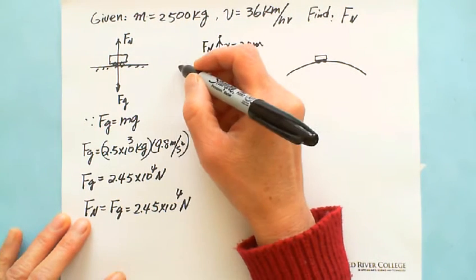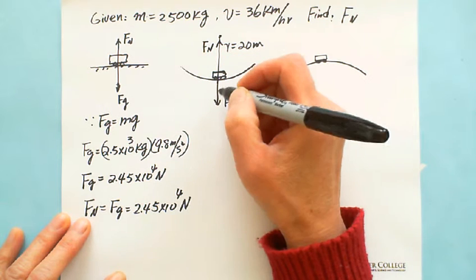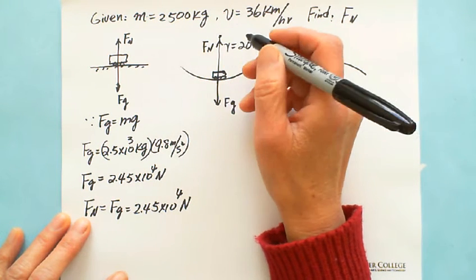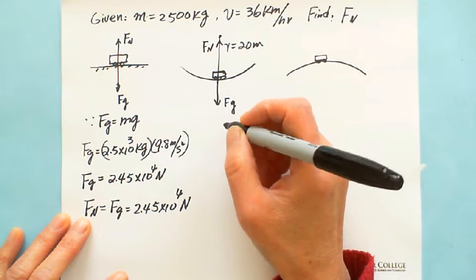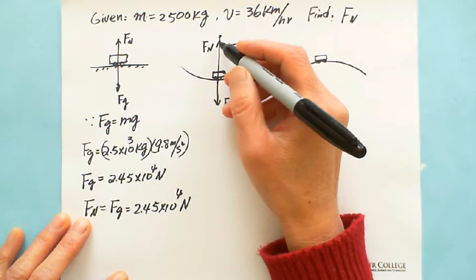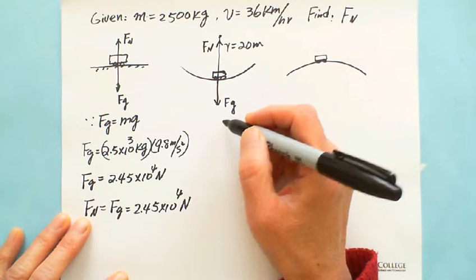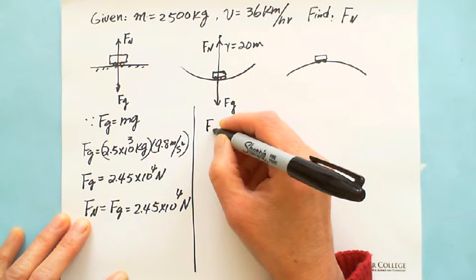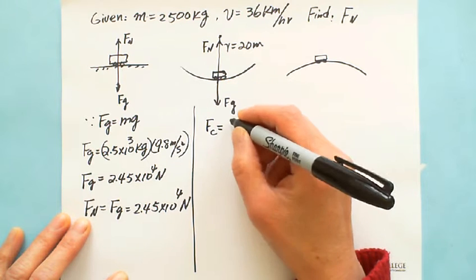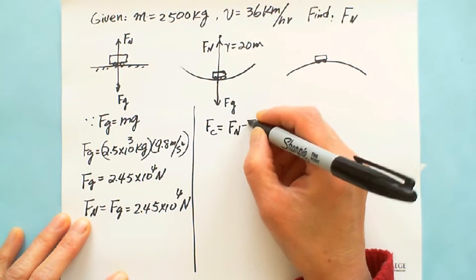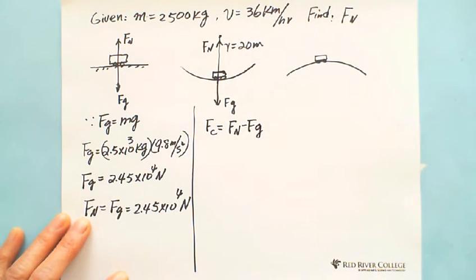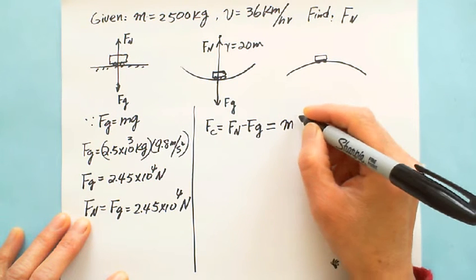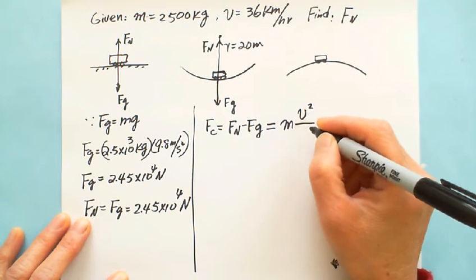Because this is a circle shape, the center is on the top. So the centripetal force is the net force of the normal force and the gravity. We can write the centripetal force as the normal force minus the gravity, which equals mv squared over r.